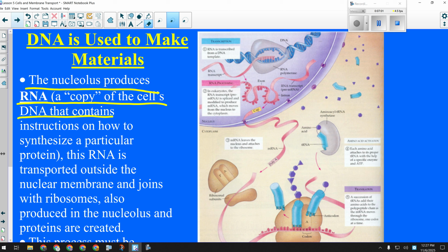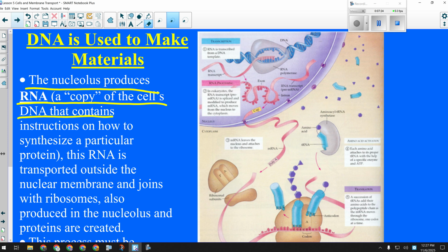So in order to make a protein, one side of the DNA gets copied, and that makes single-stranded genetic material called RNA. The RNA can then leave the nucleus. Okay, it'll go out through the nuclear pores. And it will merge with a ribosome. Okay? Ribosomes are what make the protein. Okay?